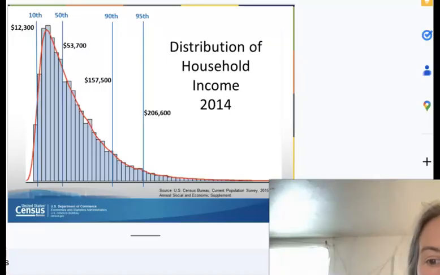The graph on that website looked like it was going to be similar to this one. This is sort of old, and I never found a newer version of it. Distribution of household income for the US in 2014. So that's 10 years ago. And this is definitely skewed to the right.